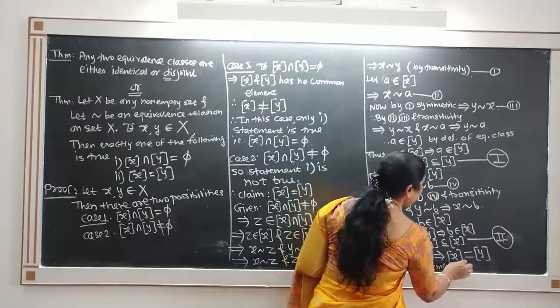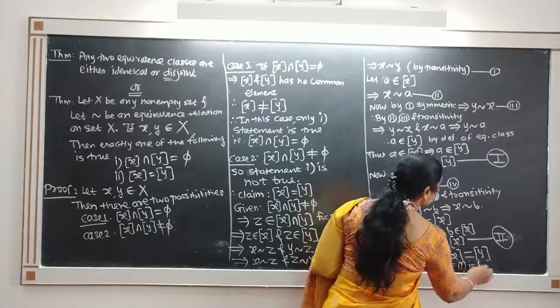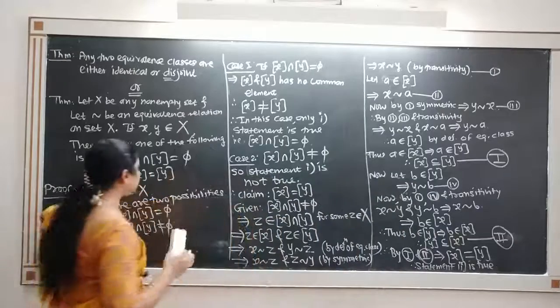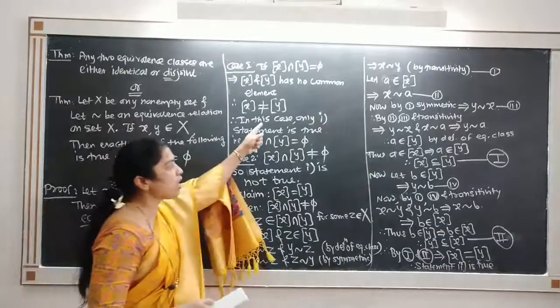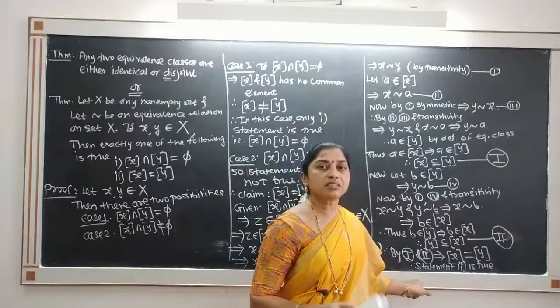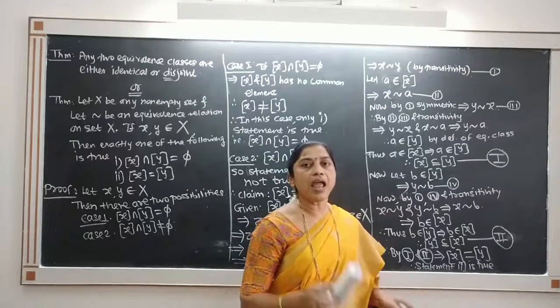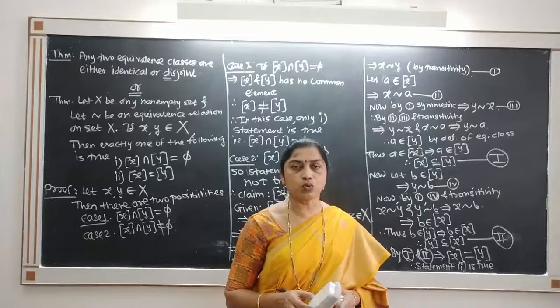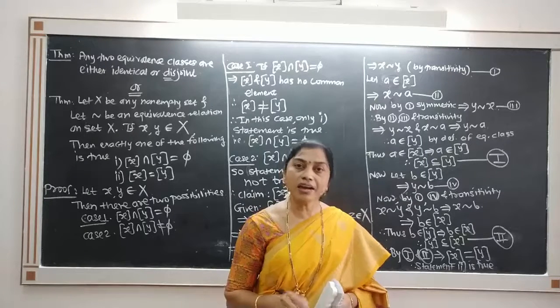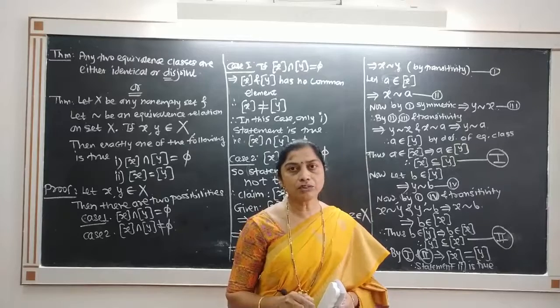So exactly one statement is true: either the first is true or the second is true. In the first case, we have proved that statement 1 is true, and in the second case, we have proved that statement 2 is true. This means that exactly one of them is true. That is, any two equivalence classes are either identical or disjoint.